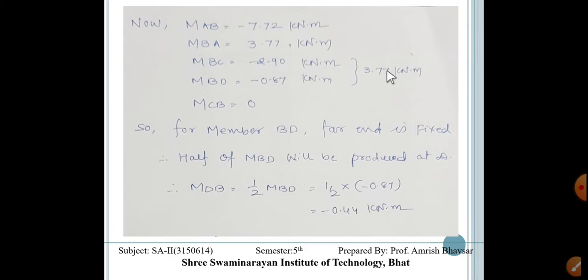We know that whenever we find the moments at a joint, that moment is balanced by some value, minus or plus. Here the value 3.77 is positive, and the summation of these two is 3.77, so it is correct. And at C to B it is 0.